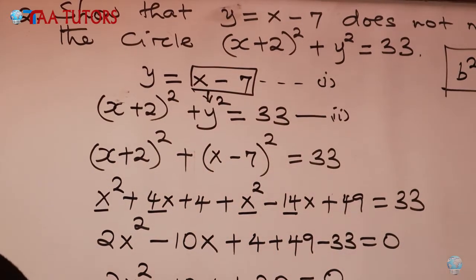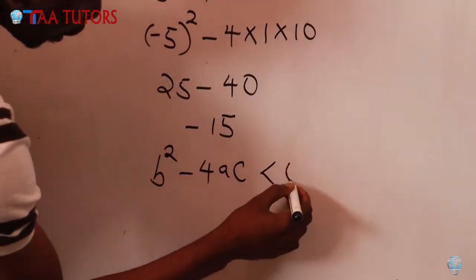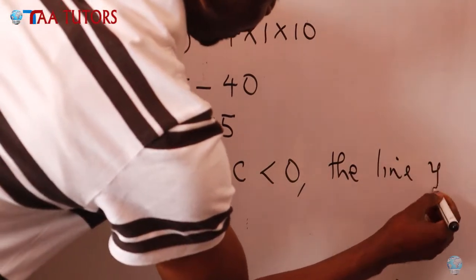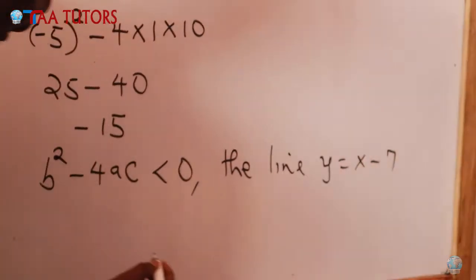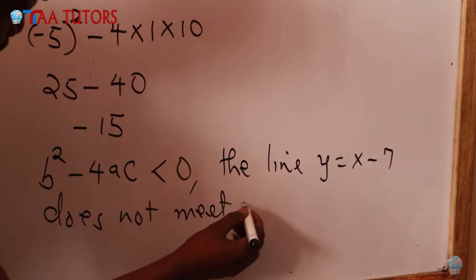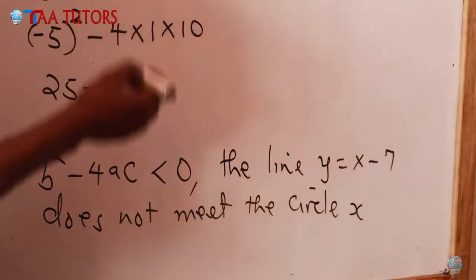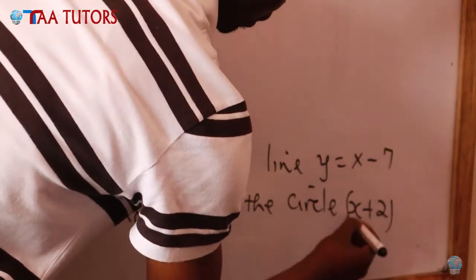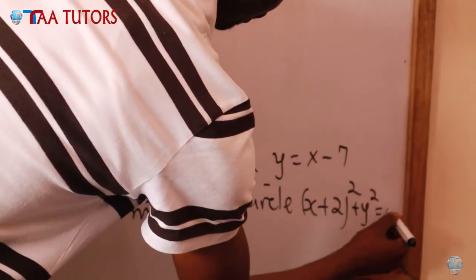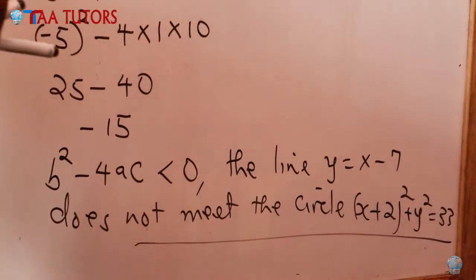So what we are going to say is, because b squared minus 4ac is less than 0, it means that the line y equals x minus 7 does not meet the circle (x plus 2) squared plus y squared equals 33. Viewers, that is very easy to determine. Let us look at another example.